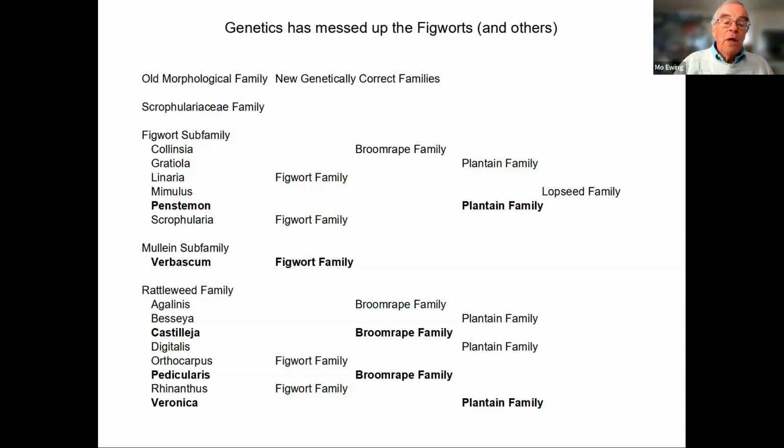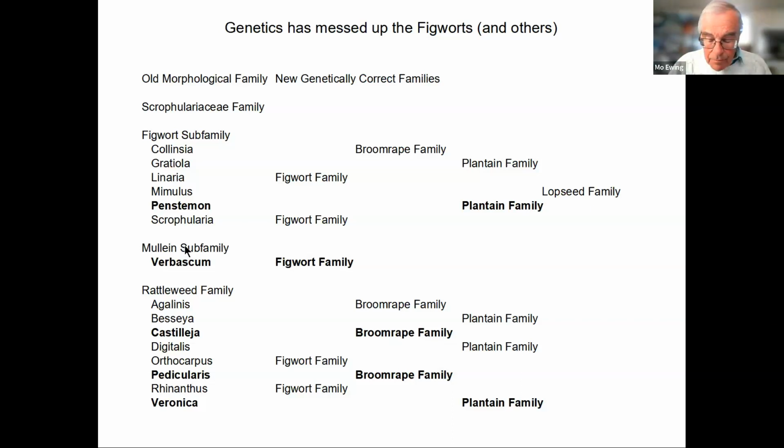They just put a whole lot of flowers that didn't necessarily look alike, but they were irregular flowers, with 5 stamens in them. And so in the original figwort subfamily, all of these genera were put in there.